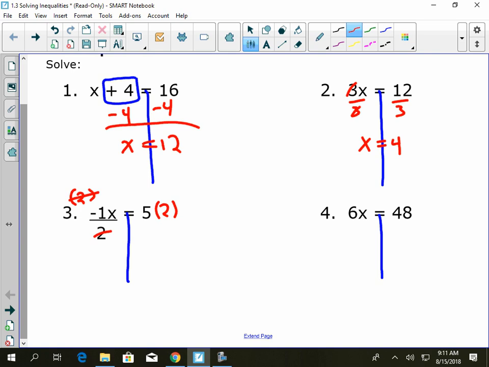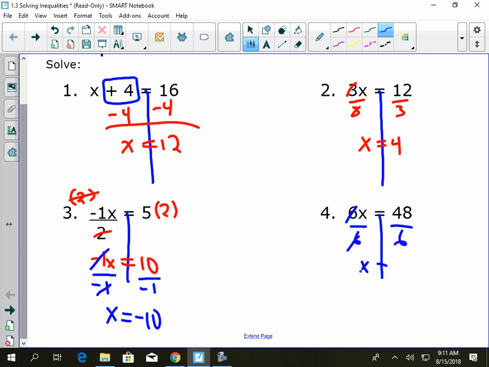These 2's cancel, leaving me negative 1x equals 10. Is that my answer? No. I can't have a negative x, so what do I have to do? Divide by negative 1. X equals negative 10. Here we divide by 6. How many times does 6 go into 48? There you go.